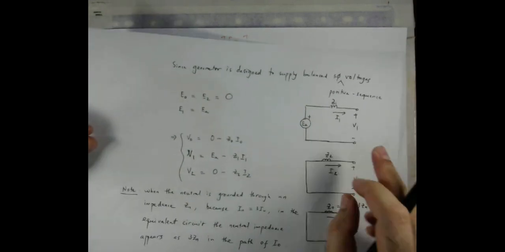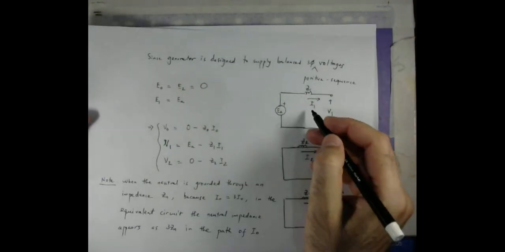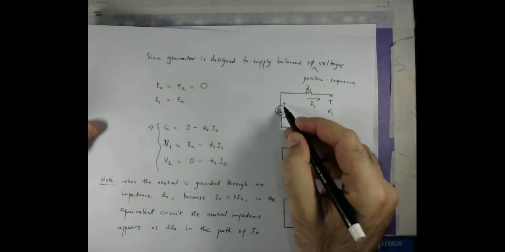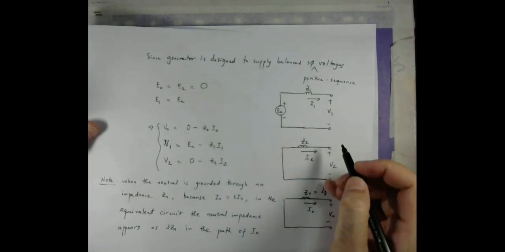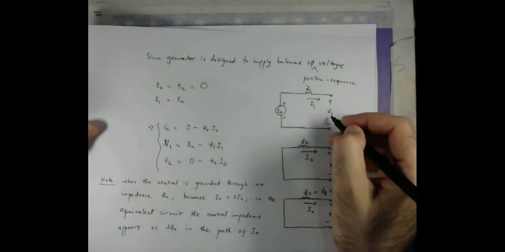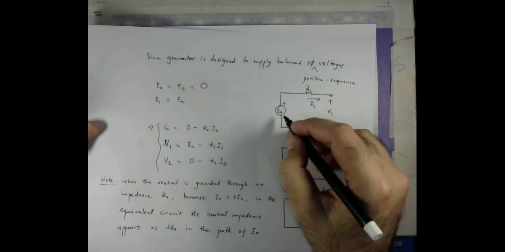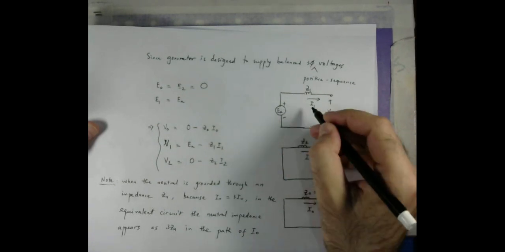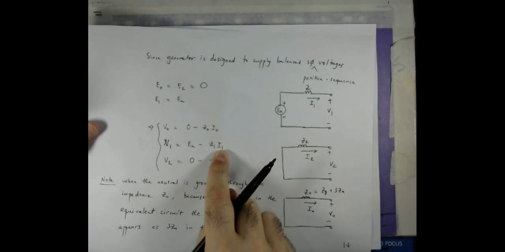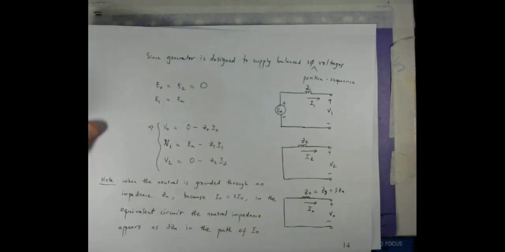This is the positive sequence network, where V1 is equal to EA minus I1 Z1, as one can clearly see from here. It is quite simple.